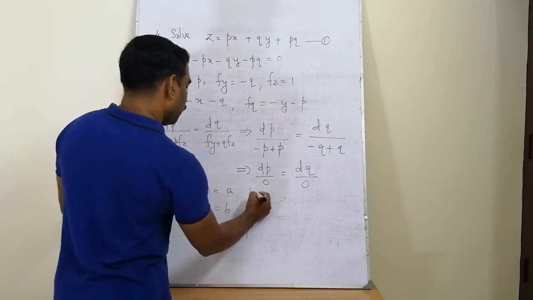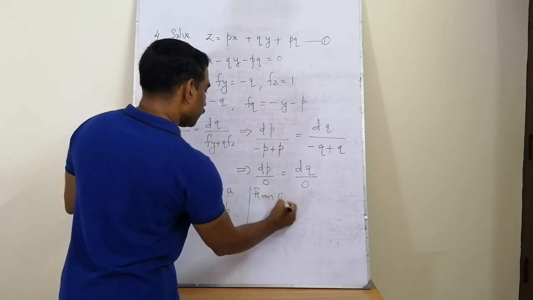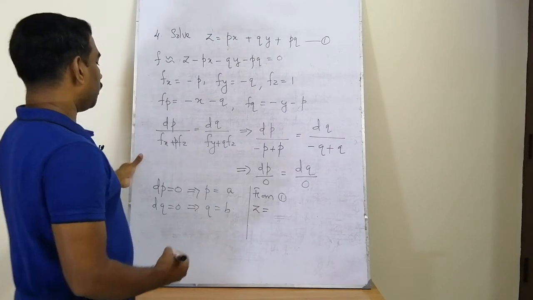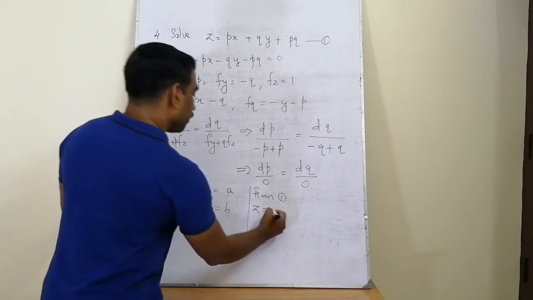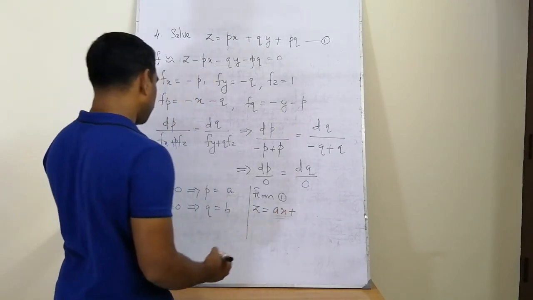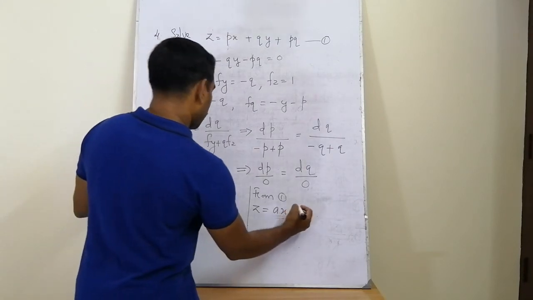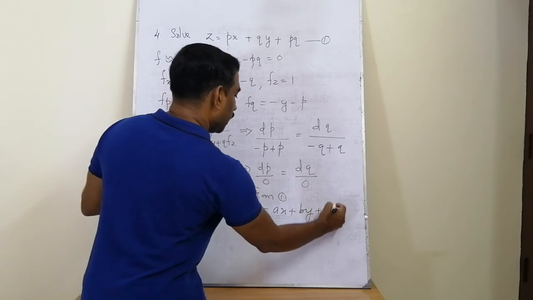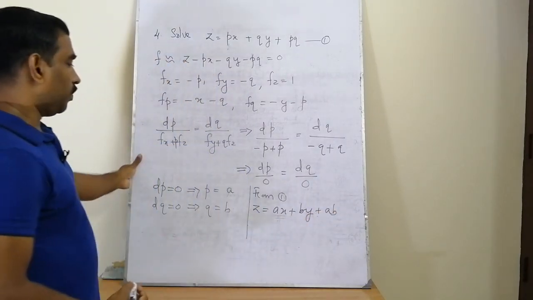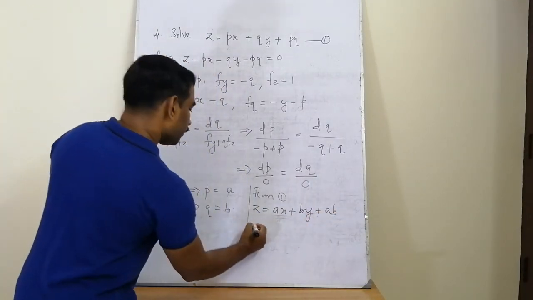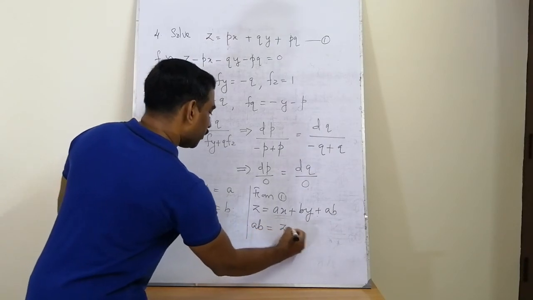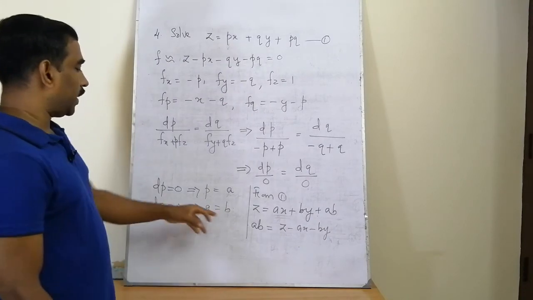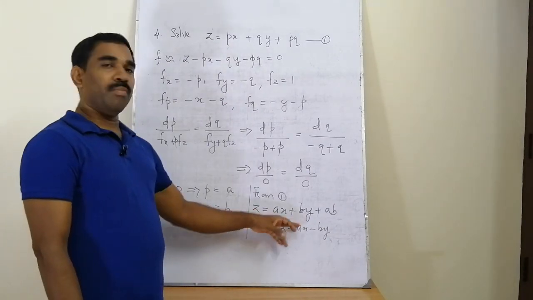That is, from equation number 1, we have z is equal to p x, that is ax plus q y, q is b, that is by plus ab, or the product ab is equivalent to z minus ax minus by. So we will use this relation while computing the complete integral.